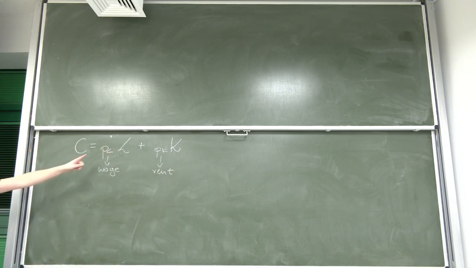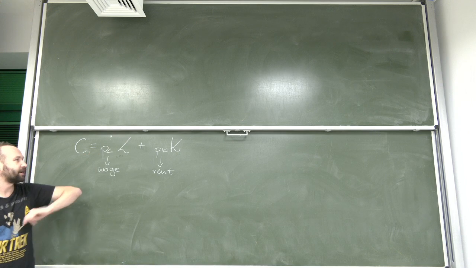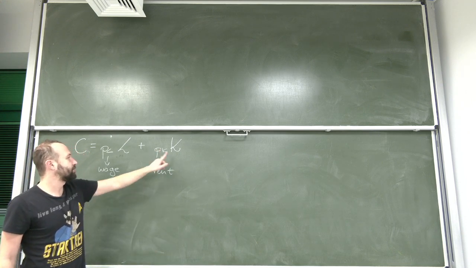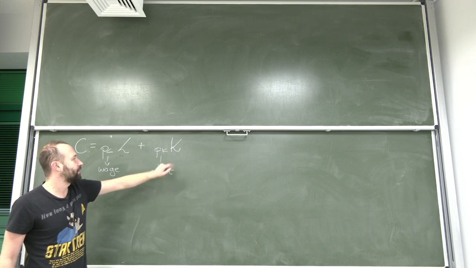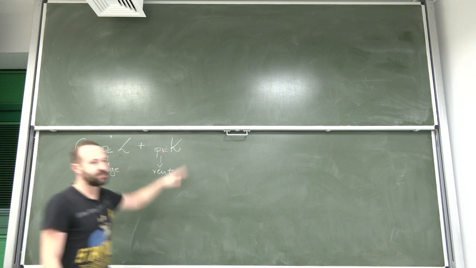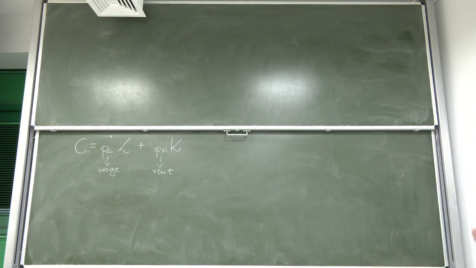So here is how much costs, for example, 1 hour of work. How many hours of work are we using? Here is how much does it cost to rent capital for 1 hour, and this is how much we actually use. So this is a total cost function of the company we are considering.